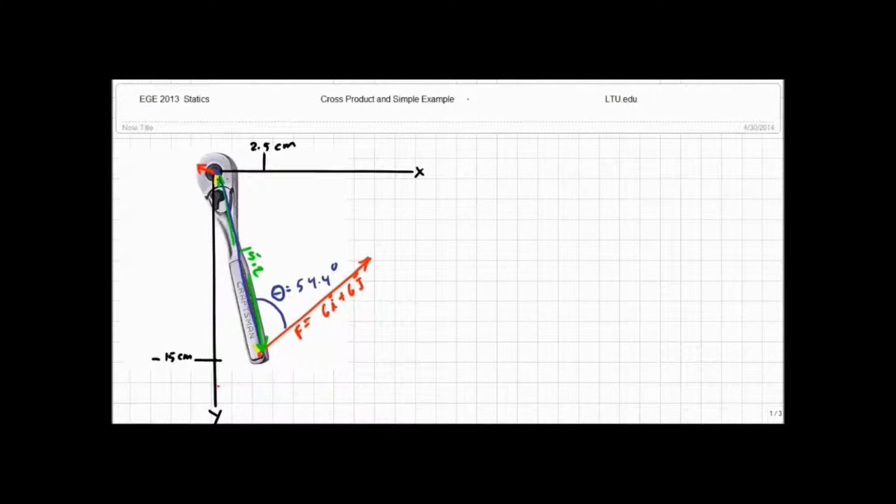Now, I will take just a second here to remind you the dot product of two vectors, A dot B, is equal to the magnitude of A, magnitude of B times the cosine of the angle between them, and the result is a scalar.